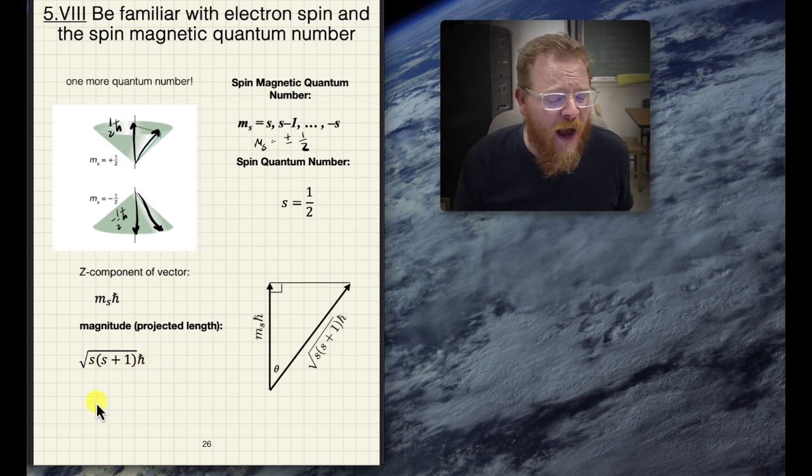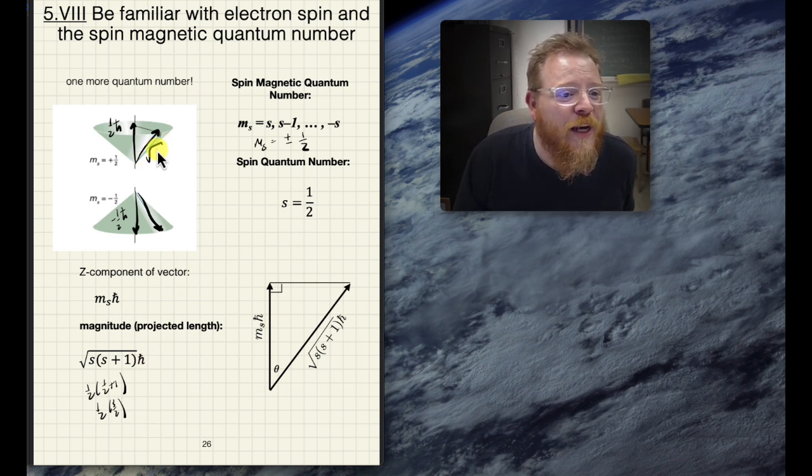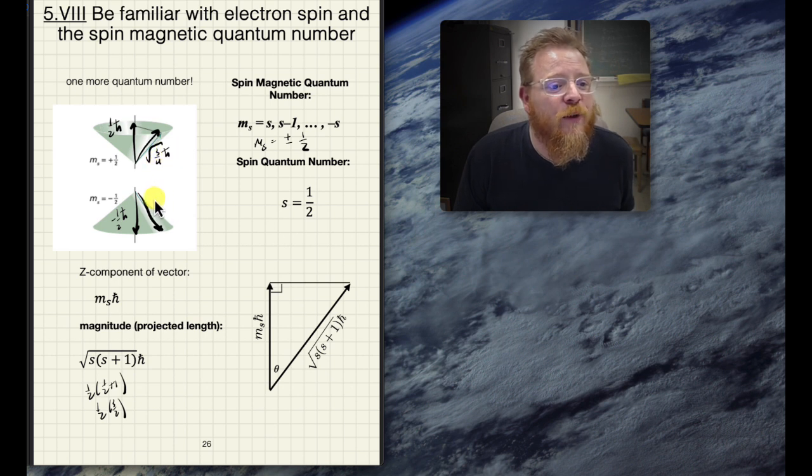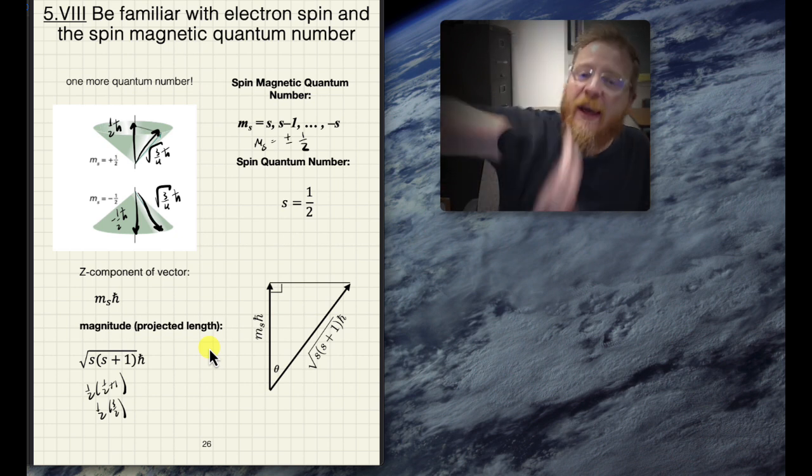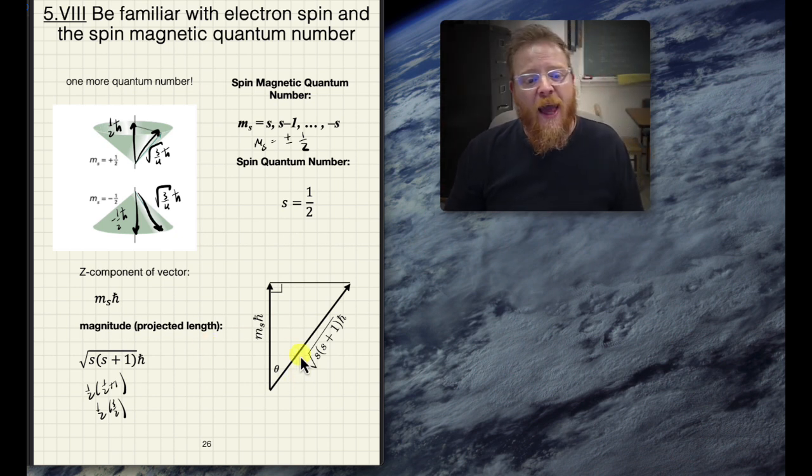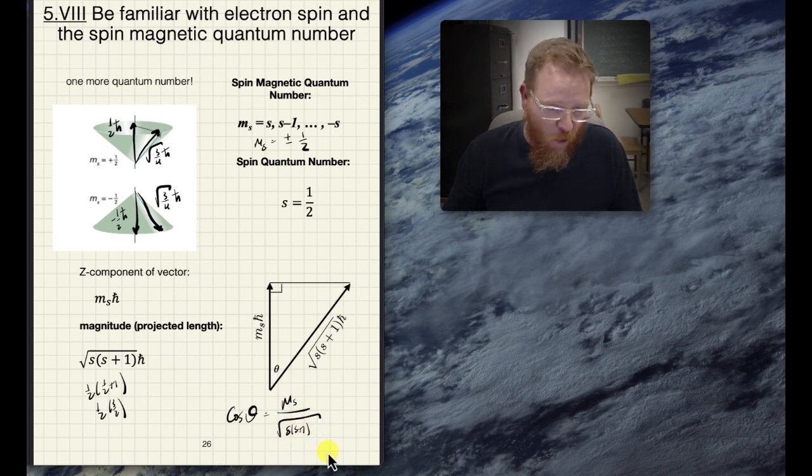So that will be, let's see, 1/2 times 1/2 plus 1. So that is going to be root 3/4 h bar. So that length will always be root 3/4 h bar, noting that it can either be spin up or spin down. And of course, we could come up with that angle theta from cosine of theta equals ms over the square root of s times s plus 1.